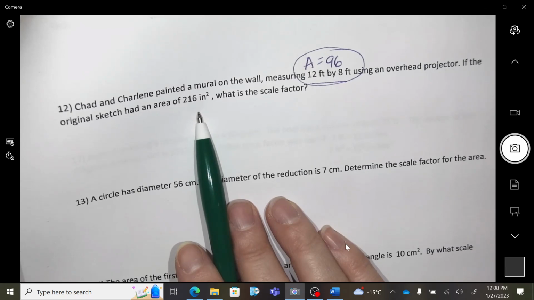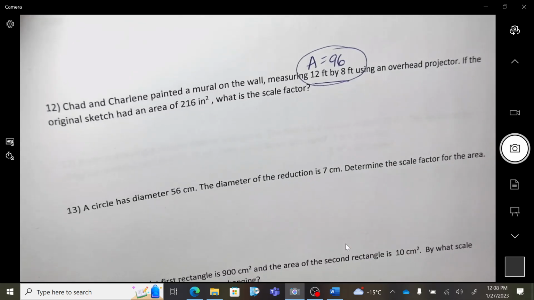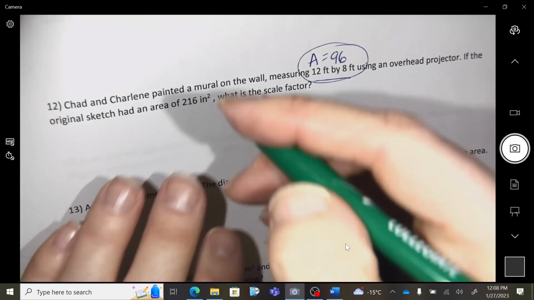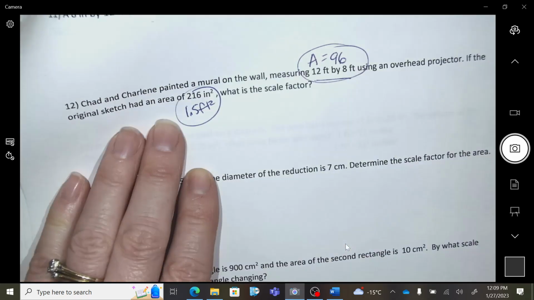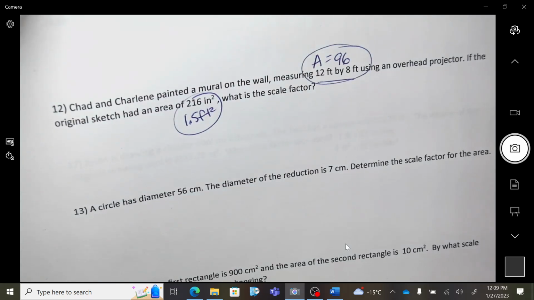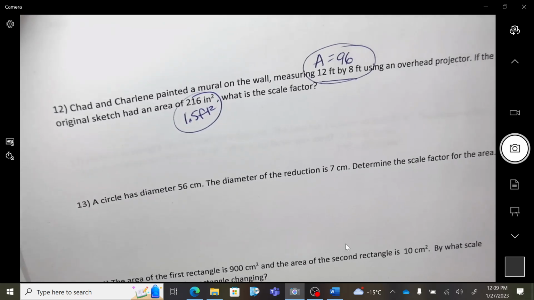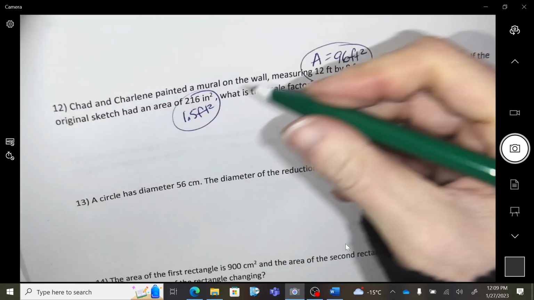Oh, I'm in inches squared. Okay, I probably won't put that on an exam, so just put that in 1.5 feet squared. Okay, so this is that.